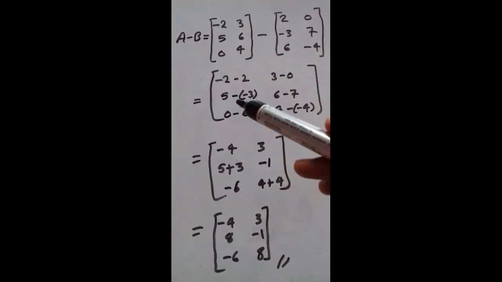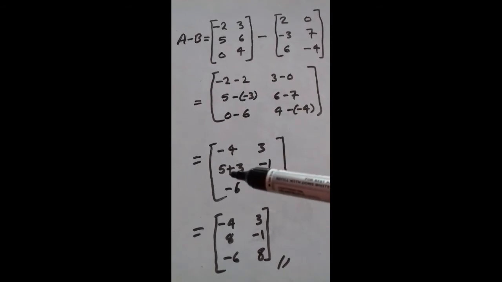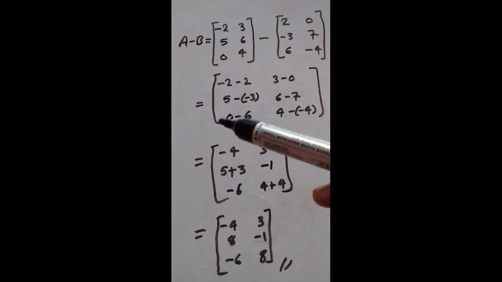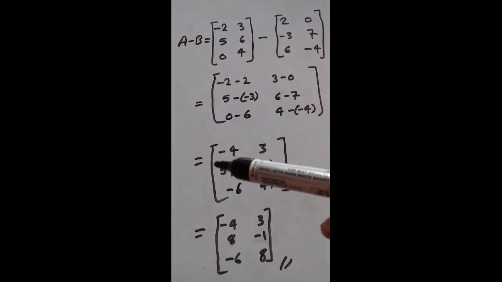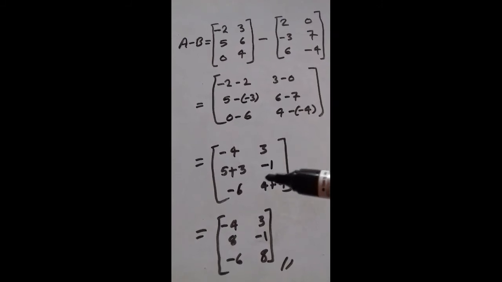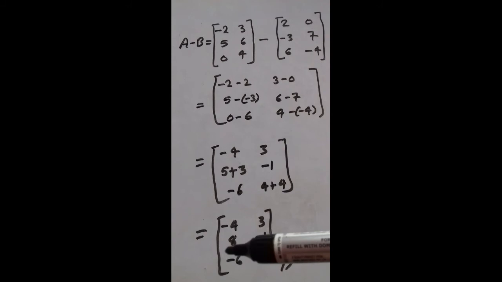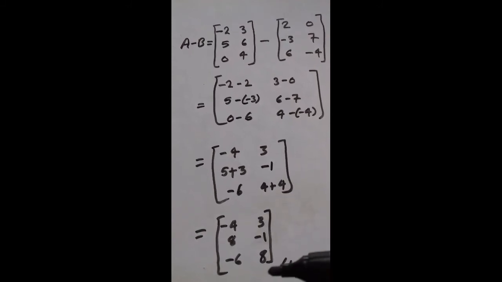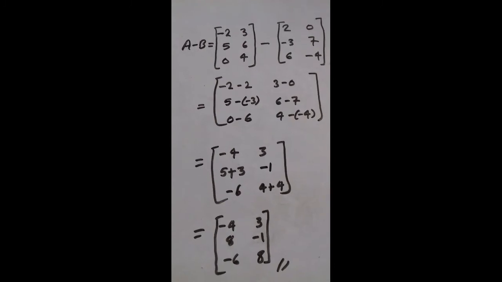Then here minus into minus is plus, and this minus into minus is plus, and minus 2 minus 2 is minus 4, 3 minus 0 is 3, 0 minus 6 is minus 6, 6 minus 7 is minus 1, and this 5 plus 3 is 8, 4 plus 4 is 8, and others are as they are. In this way, this is the answer of A minus B.